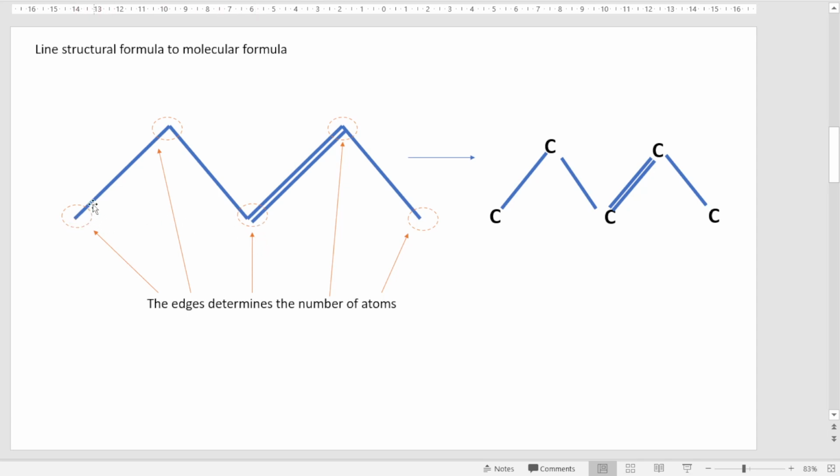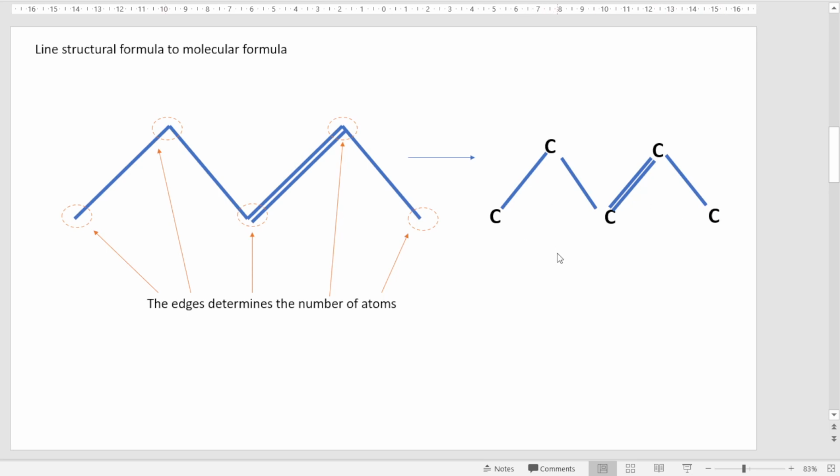These edges depict the number of carbon atoms, which can be translated to this figure. Since it has 1, 2, 3, 4, and 5 edges, it can be translated to C, single bond C, double bond to C, and another single bond connected to C.